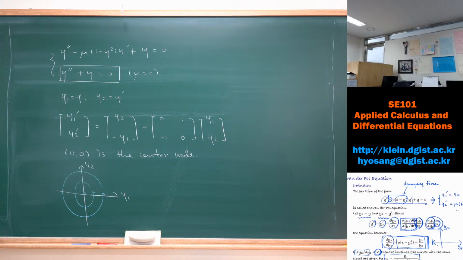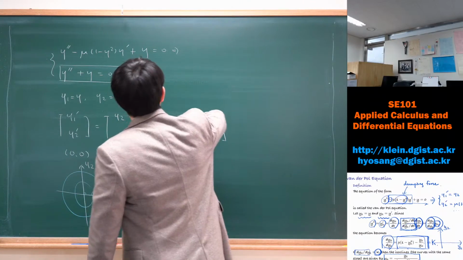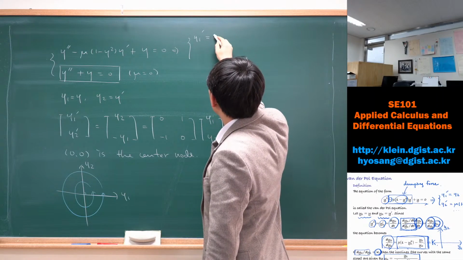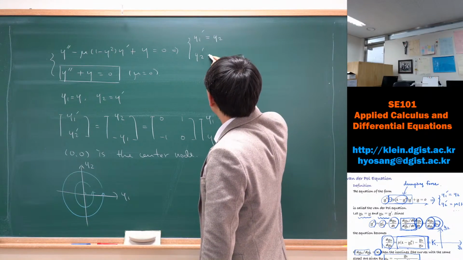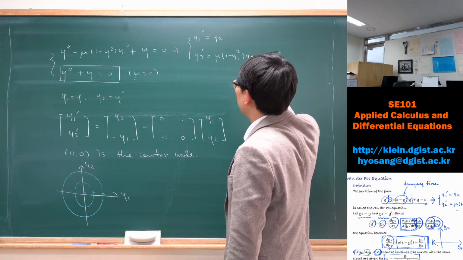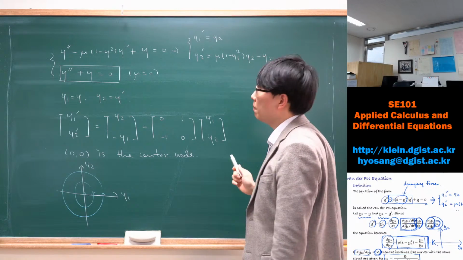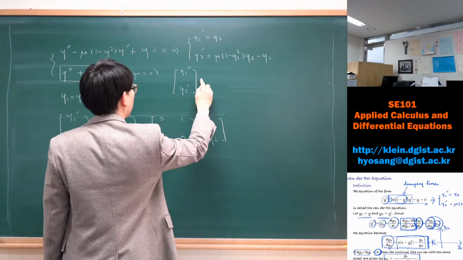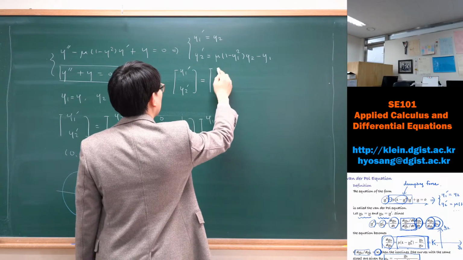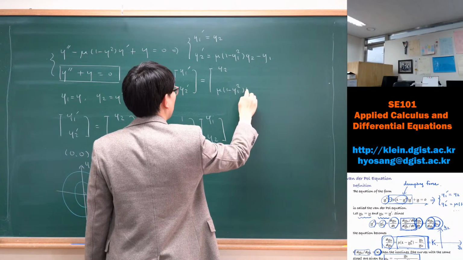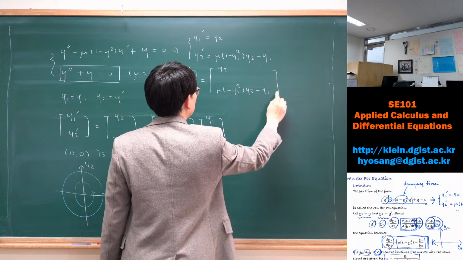So let me rewrite this as y1 prime equals y2, and y2 prime equals mu times (1 minus y1 squared) y2 minus y1.